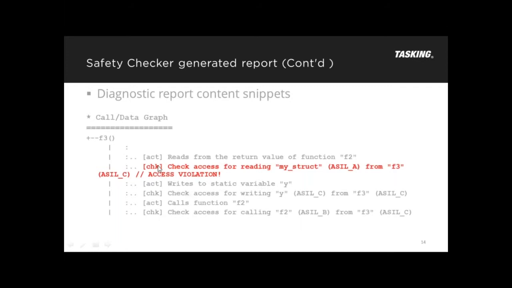And if the safety checker finds a violation based on the rules that I already described or configured for it, this could be highlighted in a different color, and it says here it's an access violation. And if I dig deeper inside this access violation, it says check access for reading my struct, which is a structure, and it has ASIL A from F3, which is a function, and which is ASIL C.